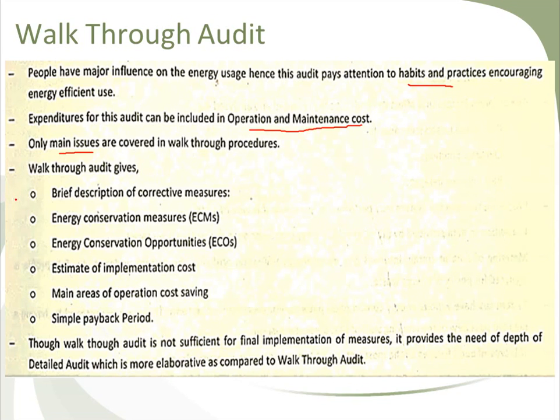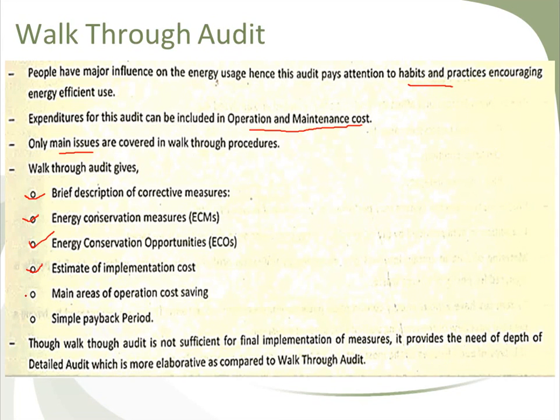Why is walkthrough audit performed initially? Walkthrough audit gives us a brief description of corrective measures, energy conservation measures, or I will discuss it as energy conservation techniques, then energy conservation opportunities, in which area energy conservation is possible, estimation of the implementation cost to implement that energy conservation measure, how much cost is required, a quotation of that implementation is given.